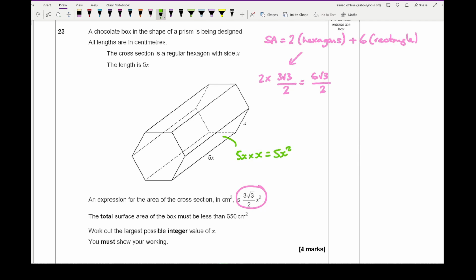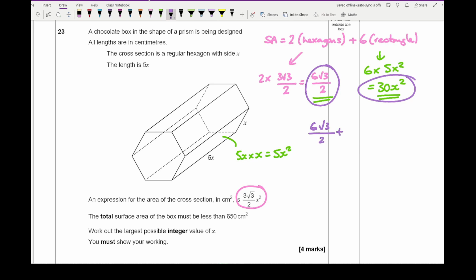So then to work out this, it's going to be 6 lots of 5x squared, which gives me a total of 30x squared. So to work out the surface area, what I need to do is just add this and this together. So I've got 6 root 3 over 2 plus 30x squared. And that has got to be less, as it says, than 650.